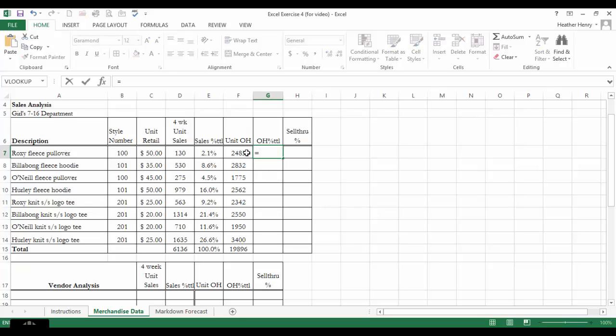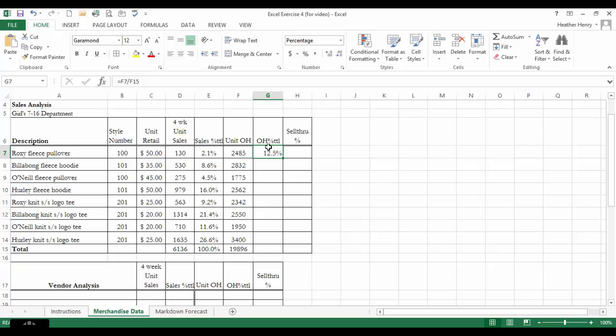We will take our 2,485 units on hand, divide it into our total on hand of 19,896, hit enter, convert this to a percent. So we can see total, the Roxy Fleece pullover accounts for 12.5% of the total on-hand inventory.